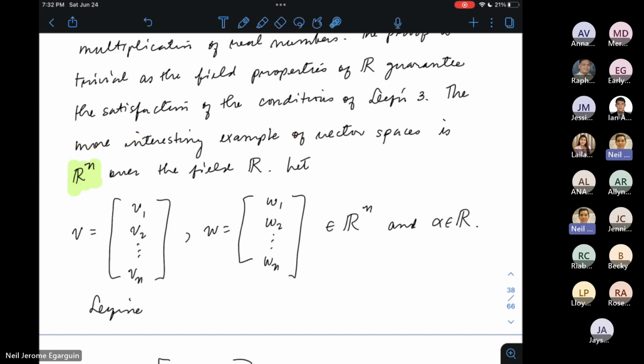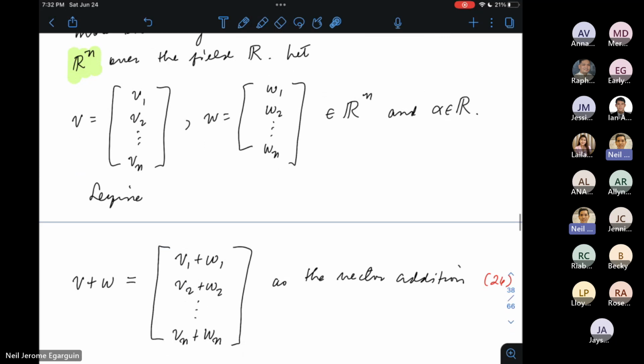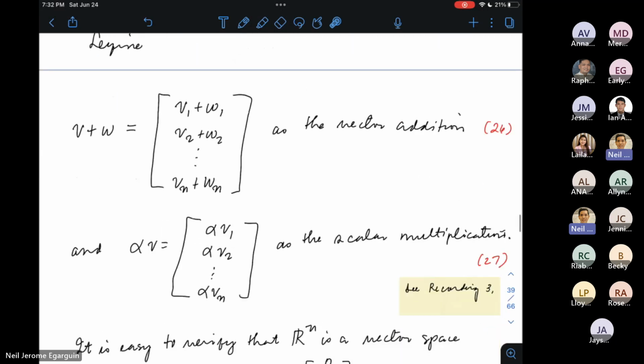Tapos ito yung vector addition natin. Pag i-add ko si V kay W, ipapag-add ko lang yung first components nila, second components nila, hanggang sa nth component nila. So yan yung tatawagin kong vector addition. Okay? And then the scalar multiplication, usually Greek letters yung ginagamit ko para dun sa scalars.